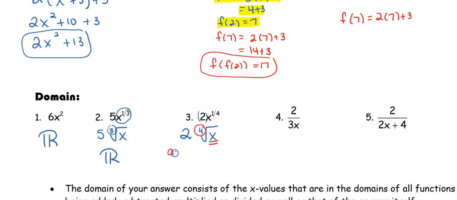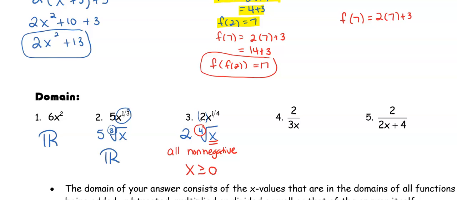So I can only include all non-negative numbers. And the way that we write non-negative numbers is we say x has to be greater than or equal to 0. I can still have decimals and crazy numbers, it just can't be negative. So it can be 0 or higher. This is how I write non-negatives.